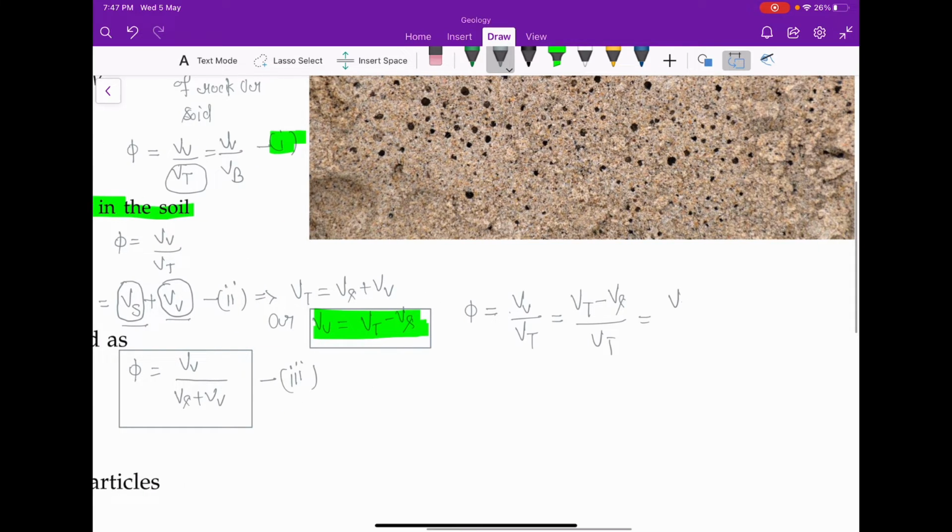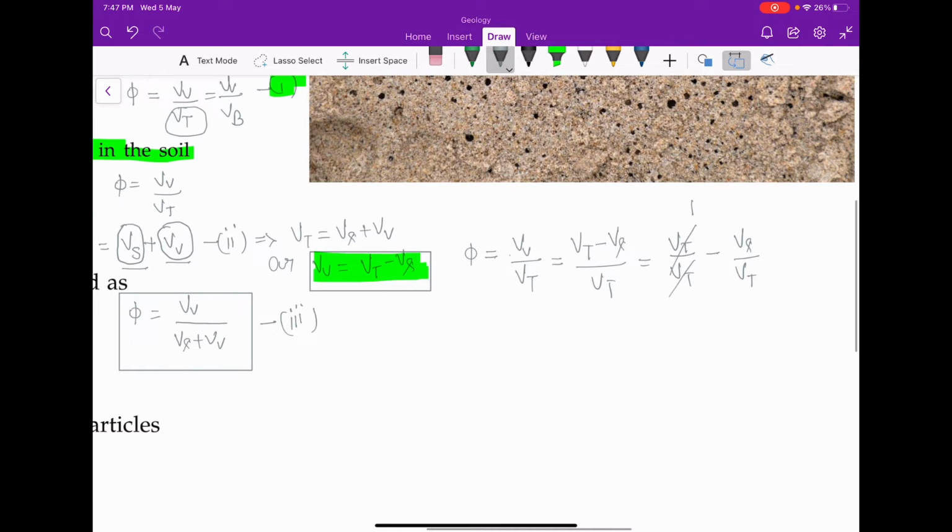So that will be Vt divided by Vt minus Vs divided by Vt. This will cancel and give 1. So porosity phi will be 1 minus Vs over Vt.